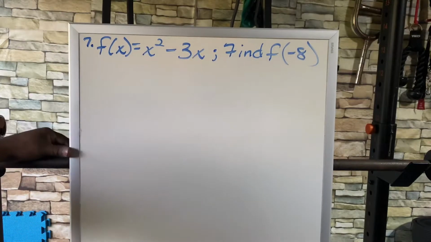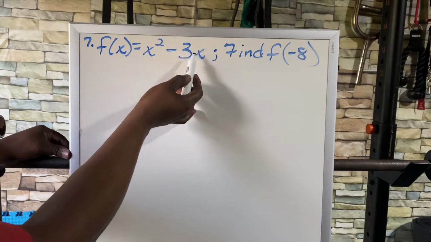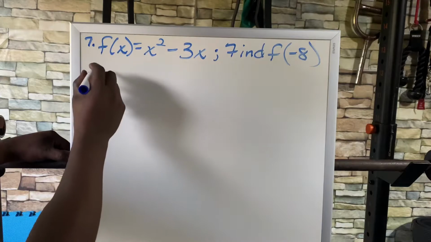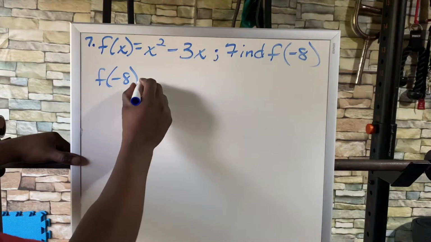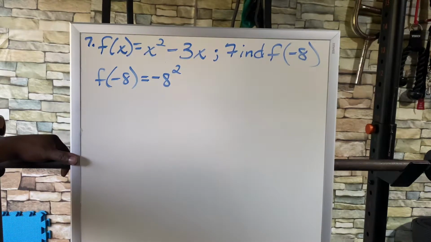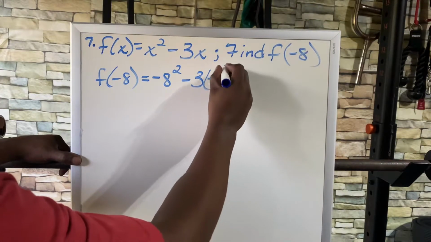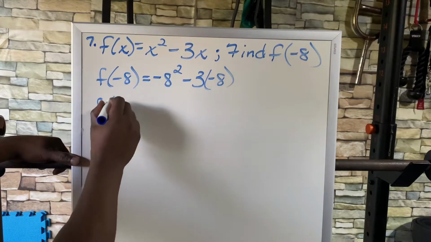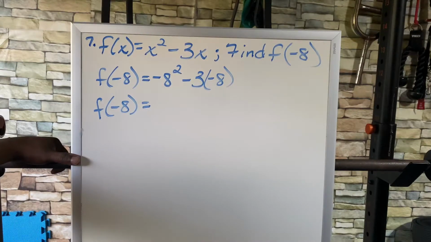Number 7, we have f of x equals x squared minus 3x. Then find f of negative 8. F of negative 8 equals negative 8 squared minus 3 times negative 8. Negative 8 squared means negative 8 times negative 8.